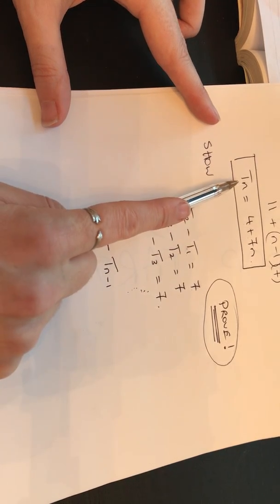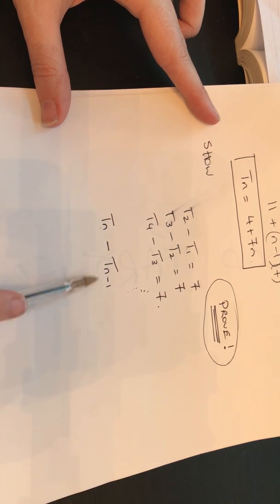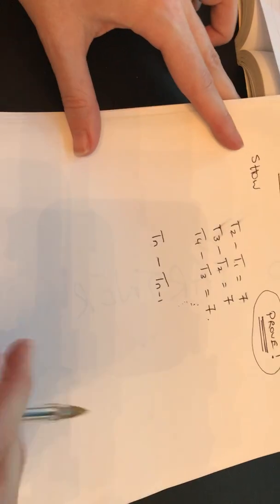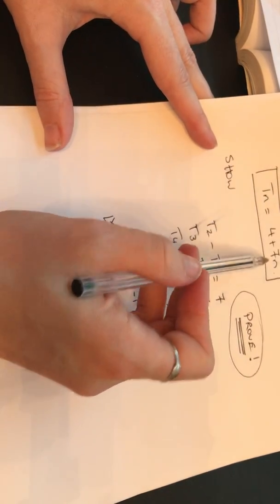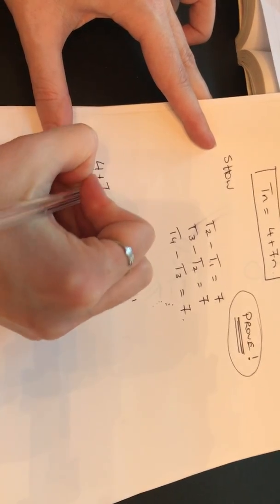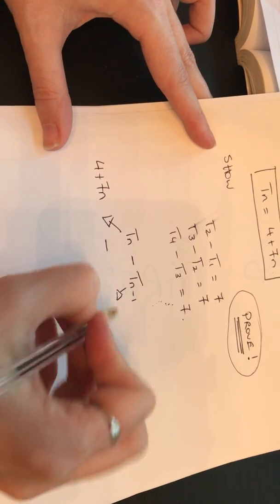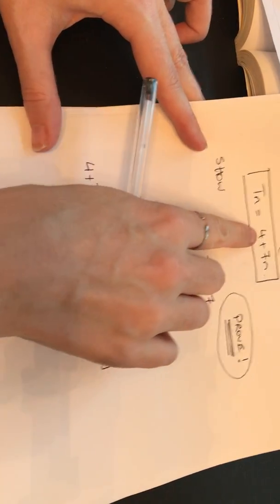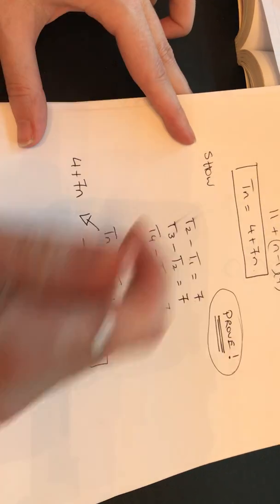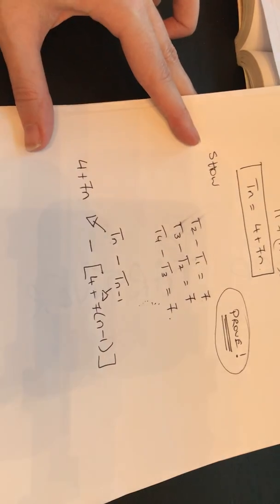So I have Tn. How do I get Tn minus 1? Anywhere I have an n, I'm going to throw in an n minus 1. So Tn, I already have 4 plus 7n. And I need to subtract Tn minus 1. Into this, anywhere I have an n, I'm going to throw in an n minus 1.